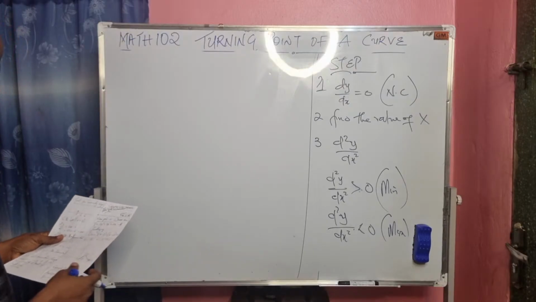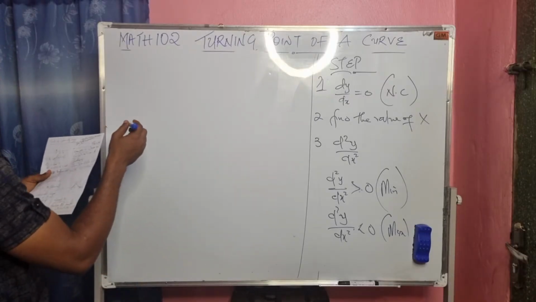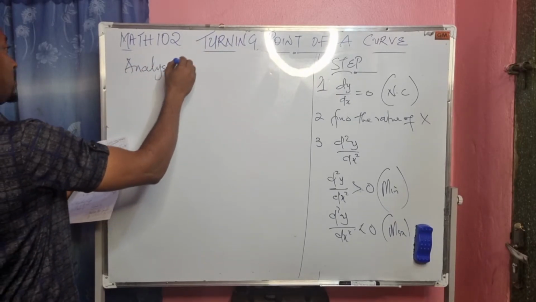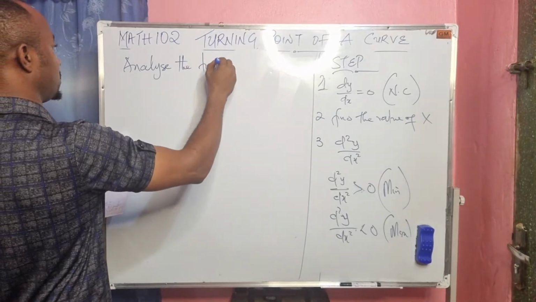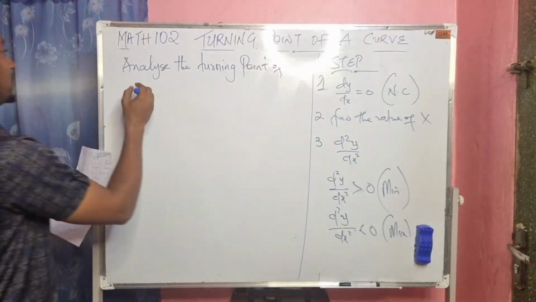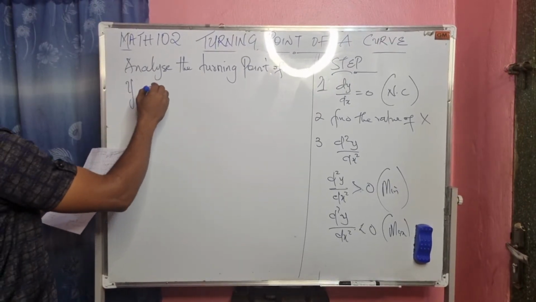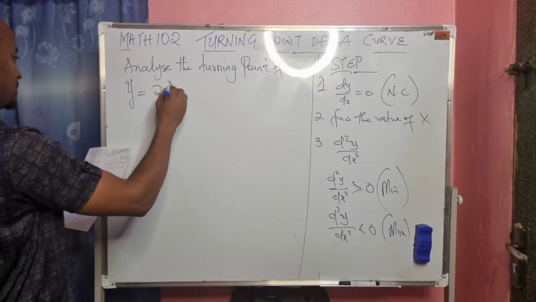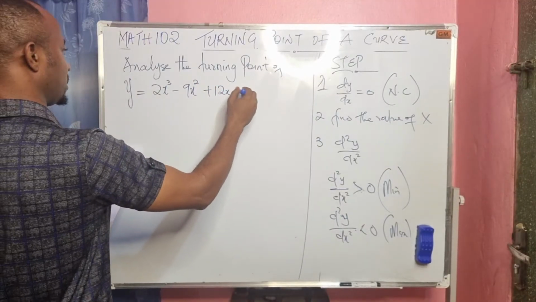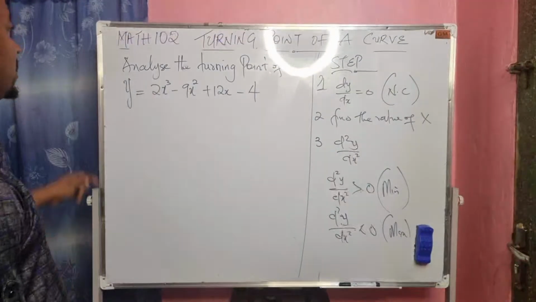The question says that we should analyze the turning points of this function, and we are given that y is equal to 2x cubed minus 9x squared plus 12x minus 4.